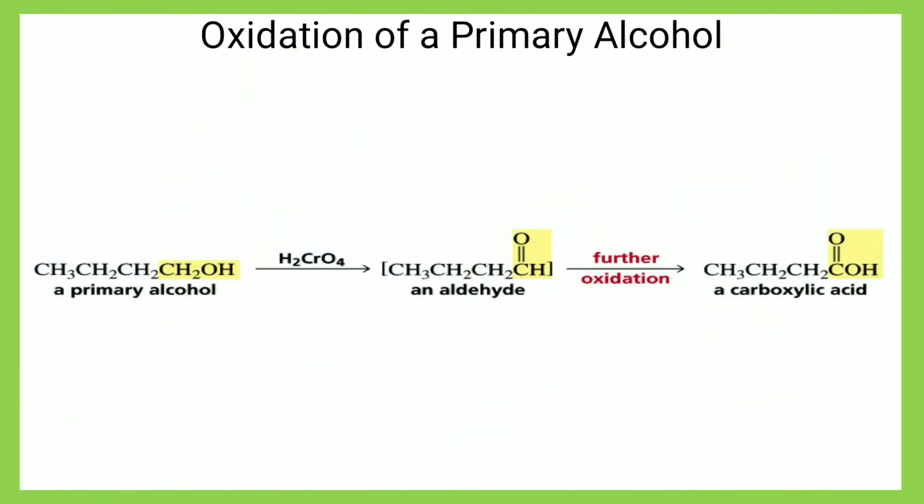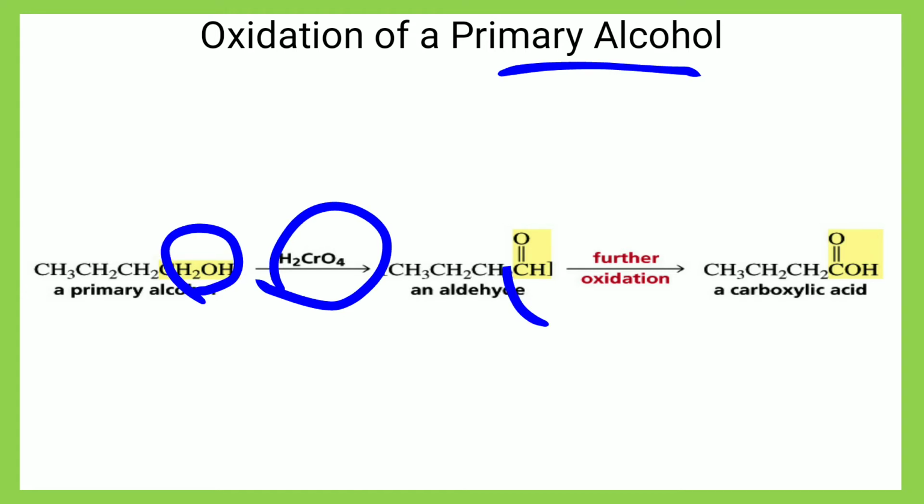Okay, now let me learn the oxidation of a primary alcohol. Here we take a primary alcohol. This is the butanol compound, which on oxidation in presence of H2CrO4 gets converted, this CH2OH gets converted to the aldehyde, that is CHO.